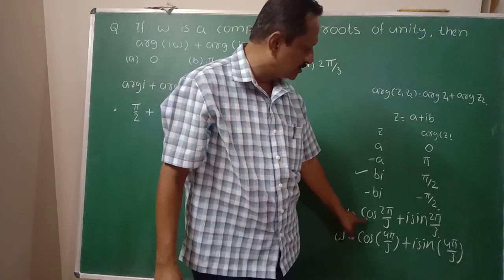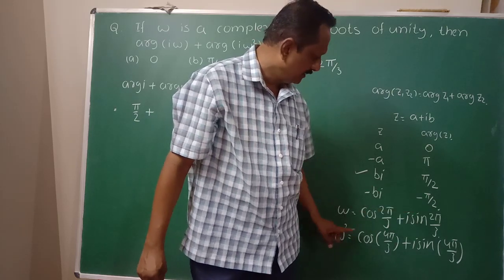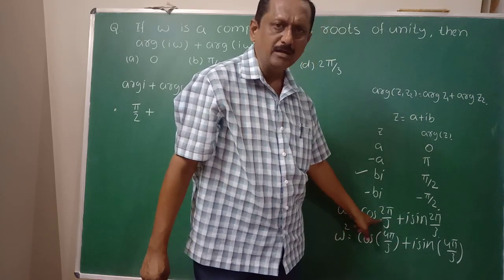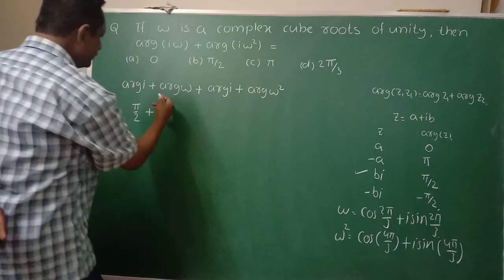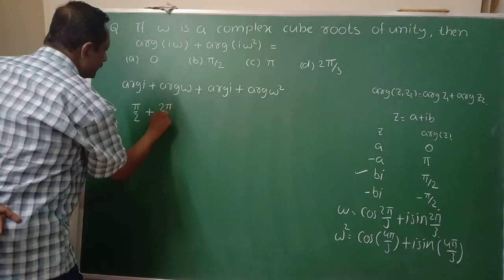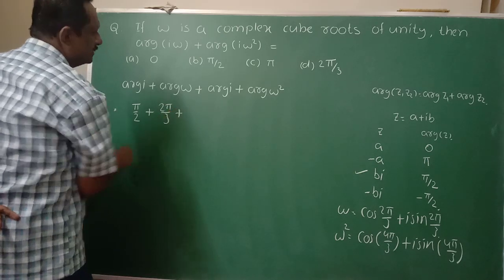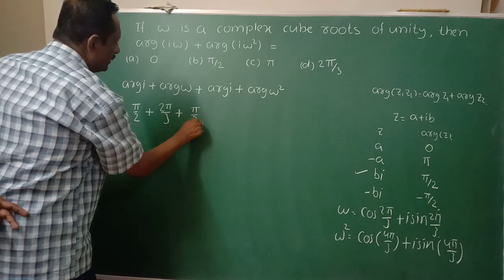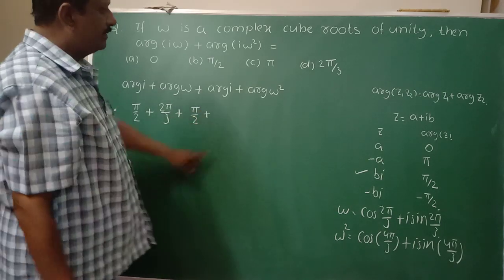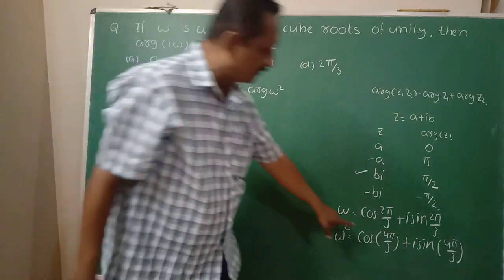Omega is cos 2 pi by 3 plus i sin 2 pi by 3, so the argument of omega is 2 pi divided by 3. Then plus, argument of i, again it is pi by 2 only. Then plus argument of omega square, it is 4 pi by 3.